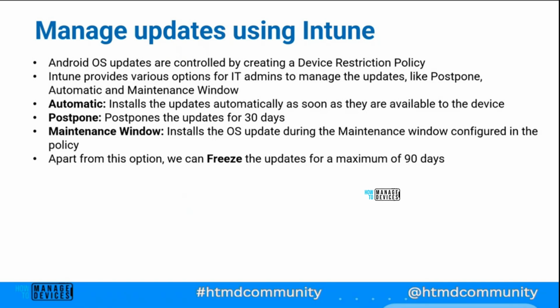From the 25th, for the next 60 days, you cannot have another freeze starting. Only after 60 days can you start another freeze period. That's how we can configure multiple freeze periods. So these are the various options Intune provides you to control the updates.